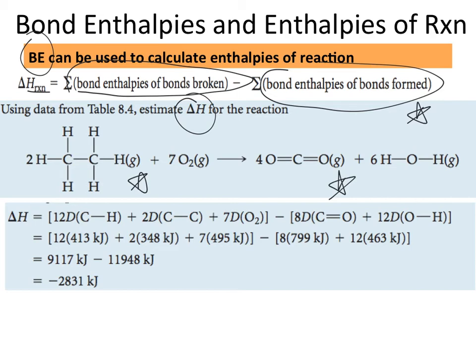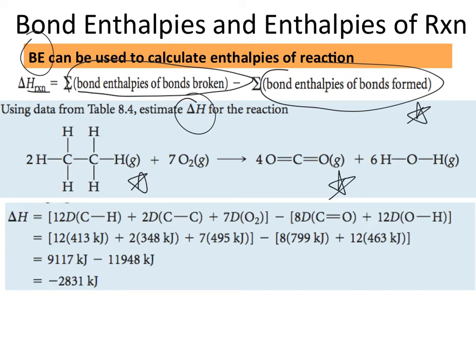If we take a look at this, we have 2 molecules of ethane. Ethane has 1, 2, 3, 4, 5, 6 carbon-hydrogen bonds, but there are 2 molecules of it, so we have a total of 12 carbon-hydrogen bonds to account for.